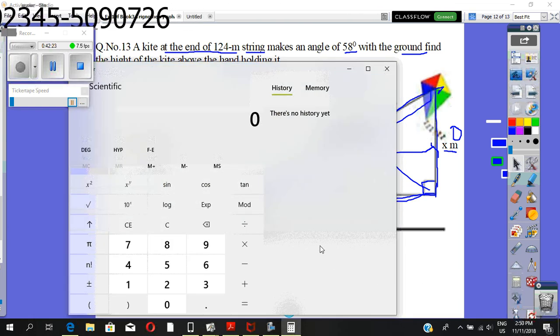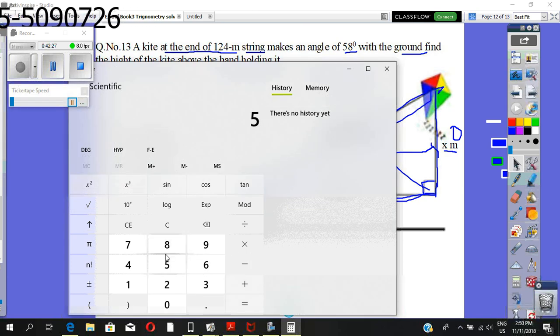Let's say here we're supposed to find sine 58. In my calculator, the sine is written over here.